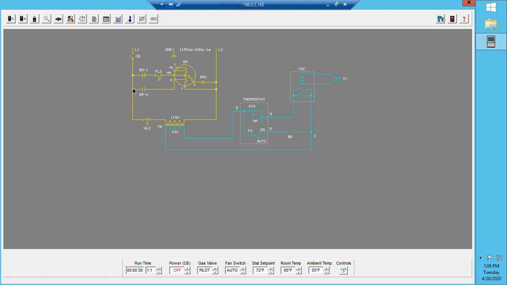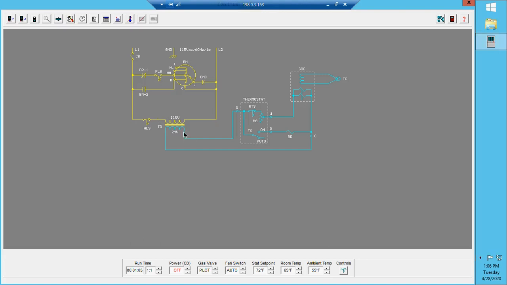We've got a normally open blower relay, which is wired to our high speed. We could take that into consideration, but is it really that important right now? Probably not. But it's there. That's line number 2 of our wiring diagram. Line 3, I've got a high limit switch, which is wired in series with my transformer.